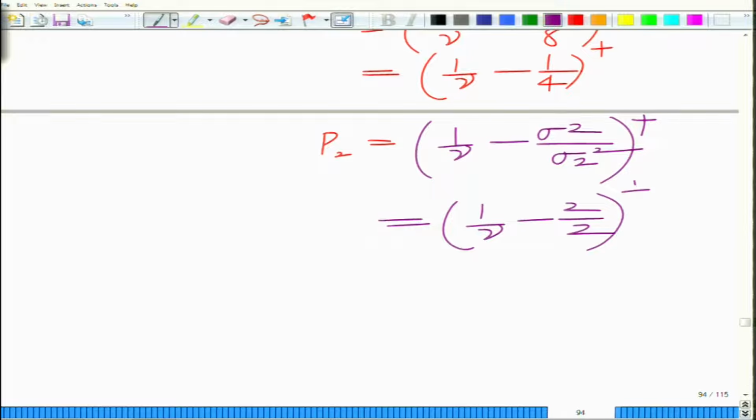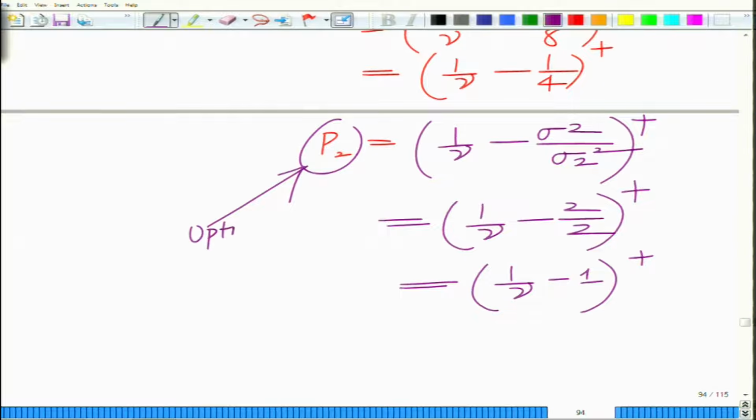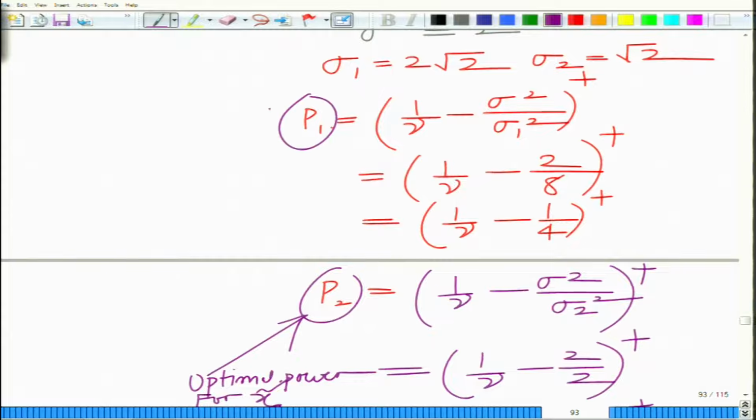Of course, there is always this function plus, which is 1 over nu minus 1. So, this is the optimal power for channel 2, or you can say the optimal power for x tilde. The first is the optimal power for channel 1, the component parallel channel.